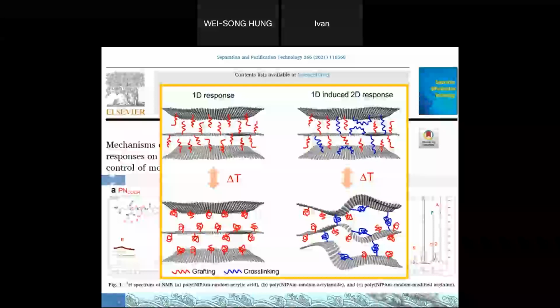When we place it between the graphene oxide layers and tune the temperature, we can see the shrinking and swelling of the polyNIPAM material. It creates different morphologies of the graphene oxide, so we can control the responsive structure of the graphene sheet.